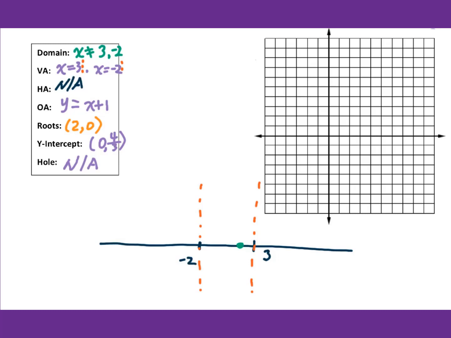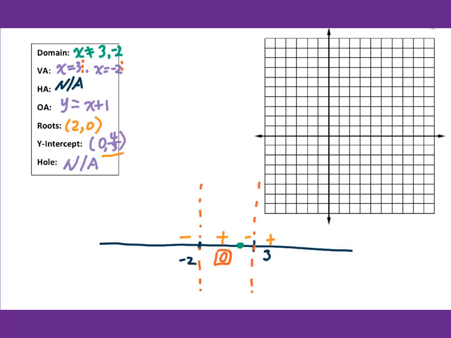The test number we choose is 0. So we have 0, 4 over 3, that's positive here. Then we have negative, positive, because this is all single factor.